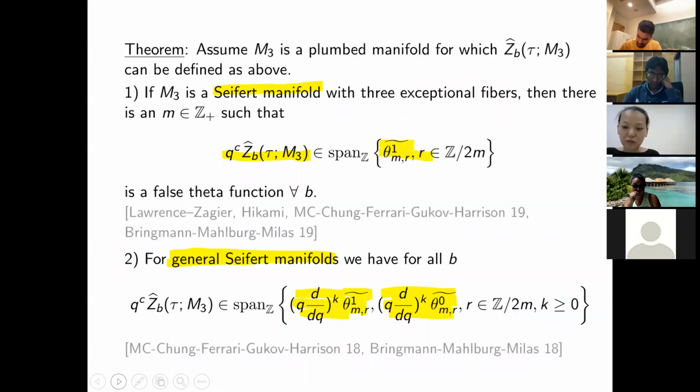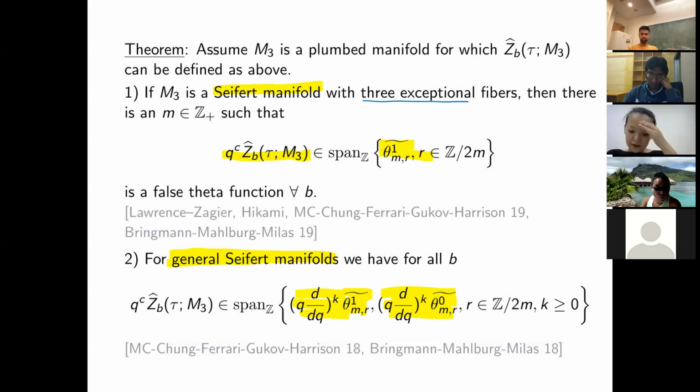Okay, so I think I just have time to flash some results that solidify this physical expectation and show interesting structures in the story. Assume that M3 is some subclass containing all Seifert manifolds, called plumbed manifolds. If we restrict it to have 3 exceptional fibers in the Seifert fibration, then in fact you can show that indeed Z hat is given by false theta functions in a very restricted and nice form.